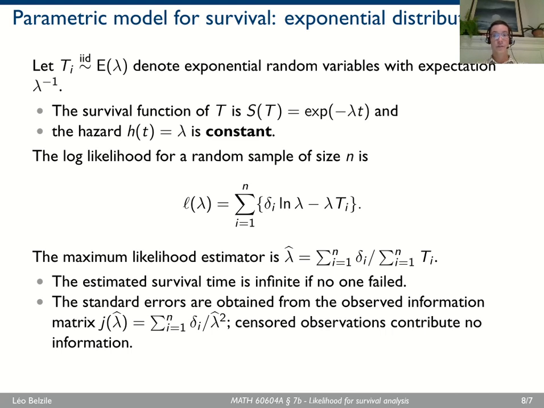If you take the log for S(t) and the contribution from the density, you basically get this expression, and if you differentiate this with respect to lambda and solve the gradient equal to 0, you'll find that the maximum likelihood estimator is a sort of reciprocal mean, but the weight is the sum of observed failure times, not the total sample size.